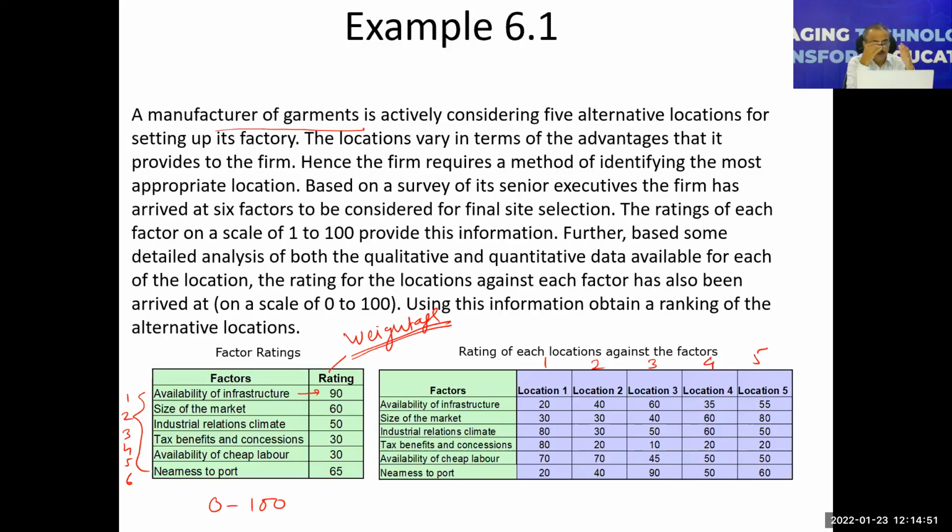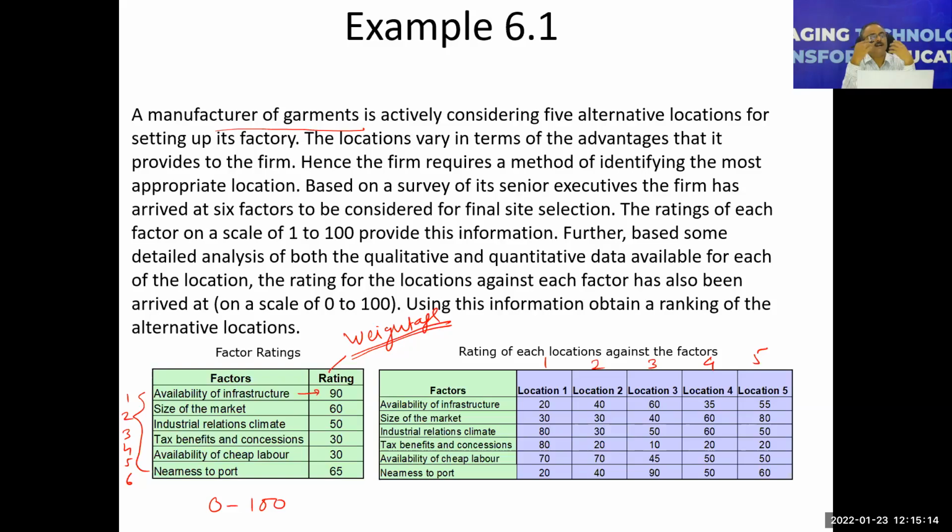So it's the relative rating or weightage that you have to consider, that for each factor, how much weightage you will consider. Maybe for the size of the market, you will give a relatively lower weightage. That means you will give maybe a 60. For the industrial relations climate, it may be a 50. As far as tax benefits and concessions are concerned, you are not expecting too much tax benefit.